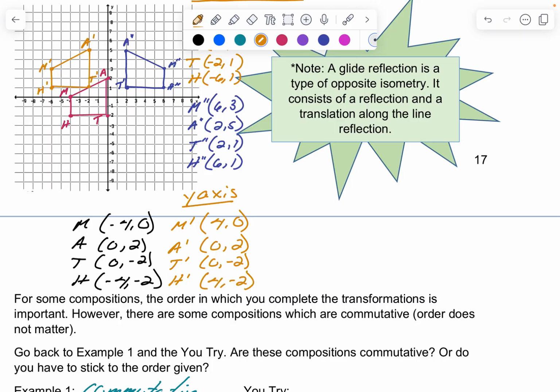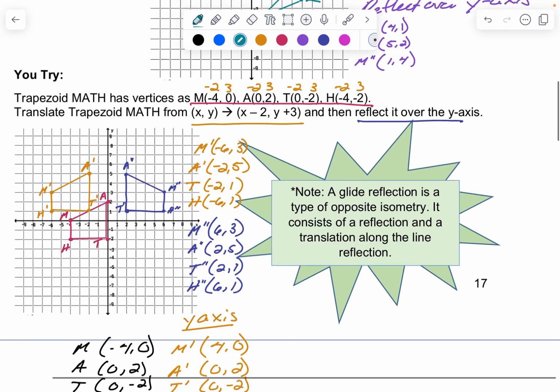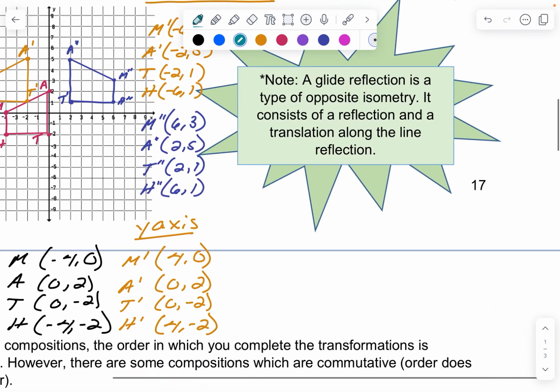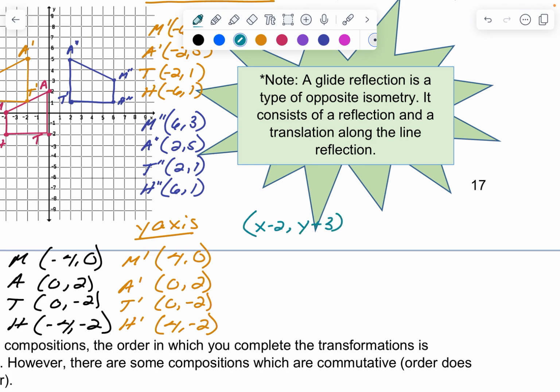Then we're going to do the x minus 2, y plus 3. So M double prime is going to be (-6, 3). Here, let me back that up. I want the equals. M double prime is going to be (-6, 3).